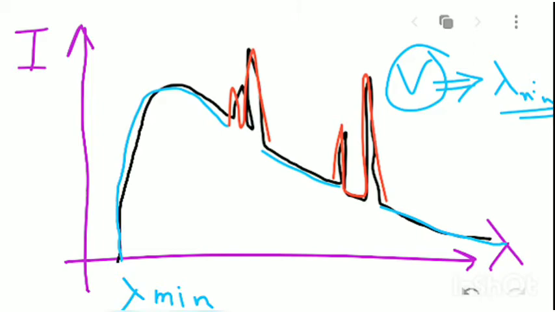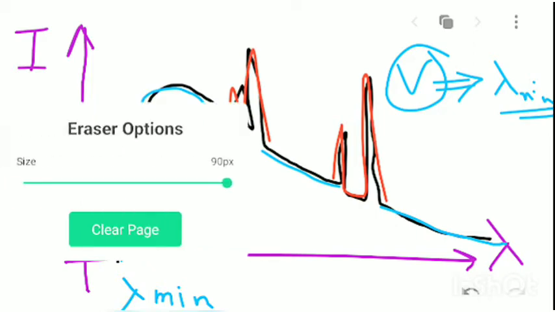In terms of importance, the discrete spectrum is more important because it tells about the character of the material from which the X-rays are coming. Hence those discrete lines are called characteristic spectrum lines.